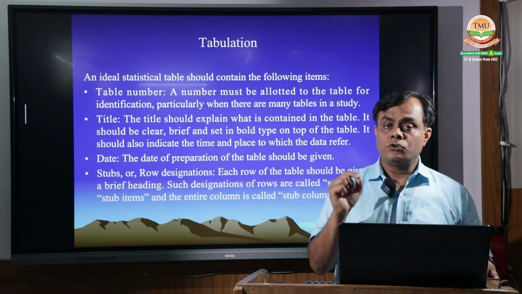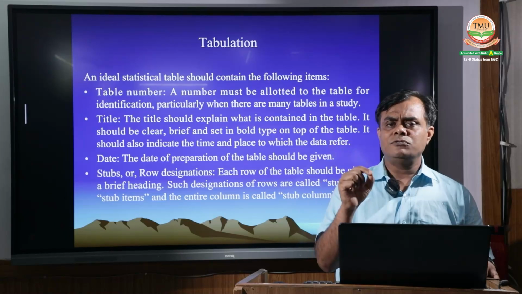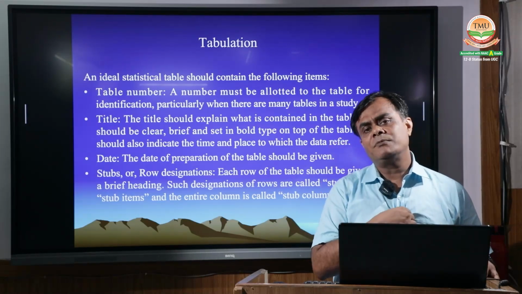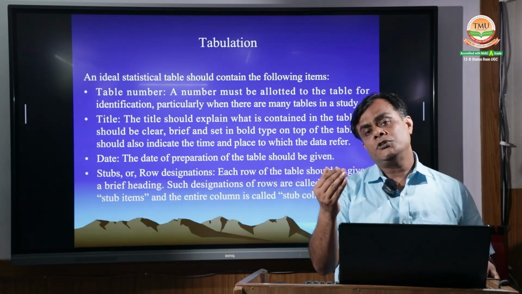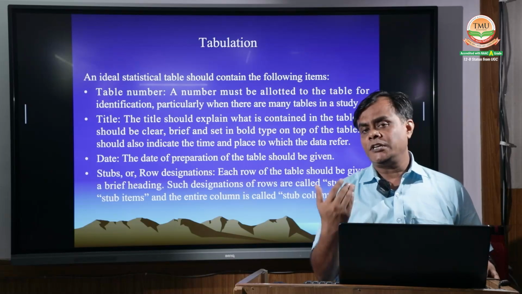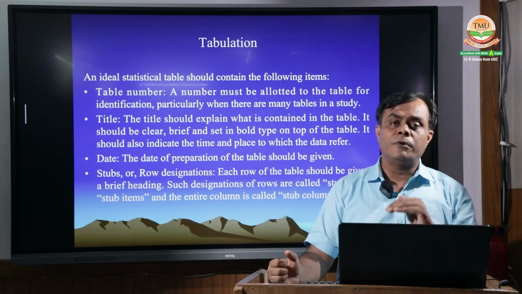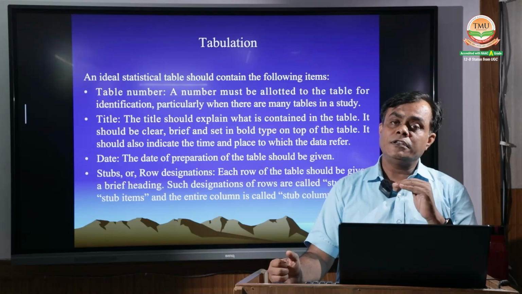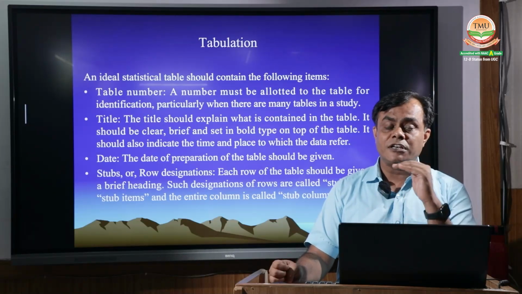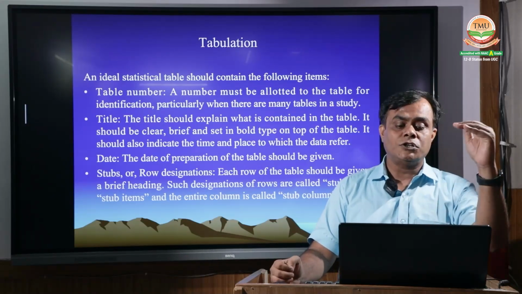Number or title is usually on top, but sometimes people put the number on the bottom of the table. That is possible, but it is impossible to put the title on the bottom. It is mandatory that you put the title on the top of the table.